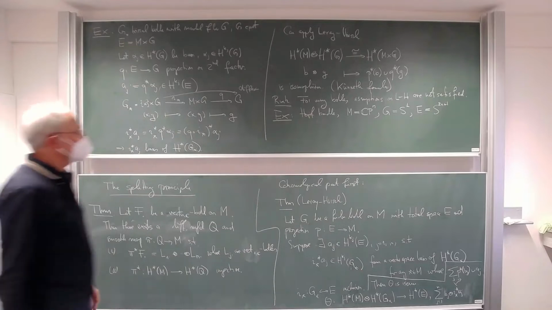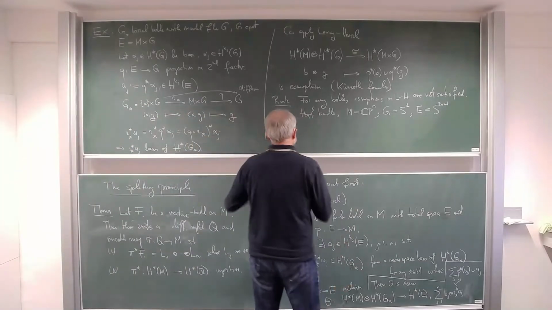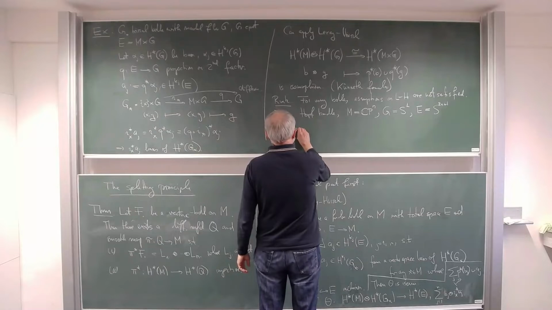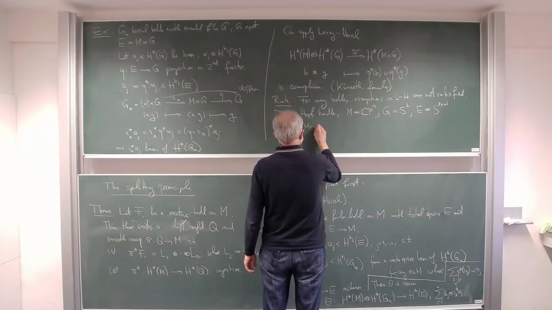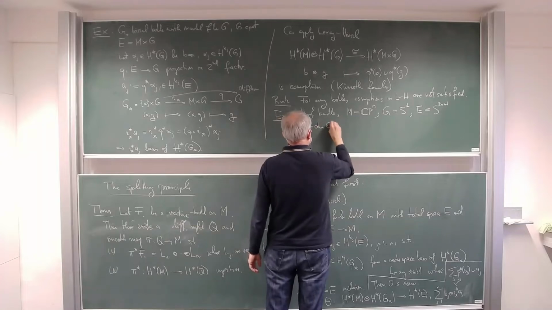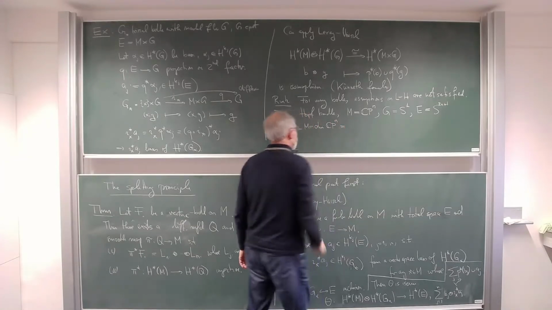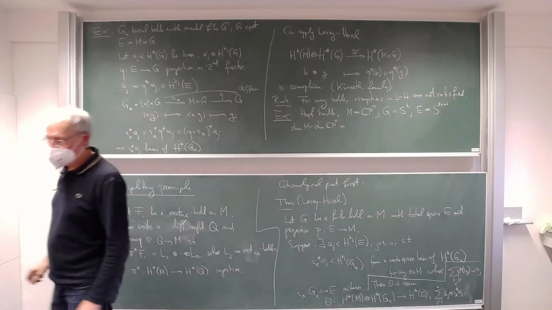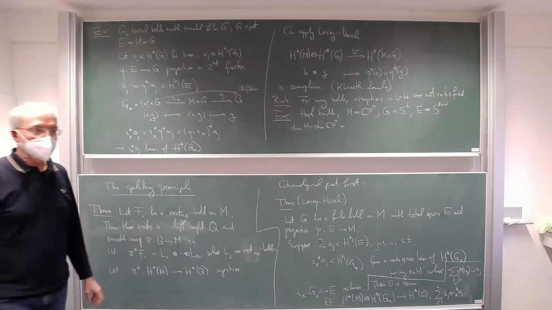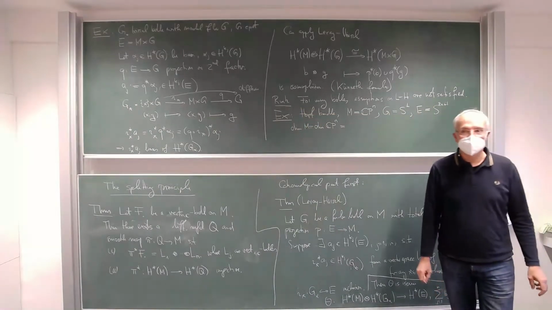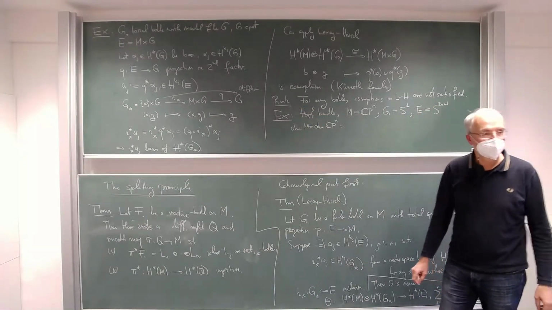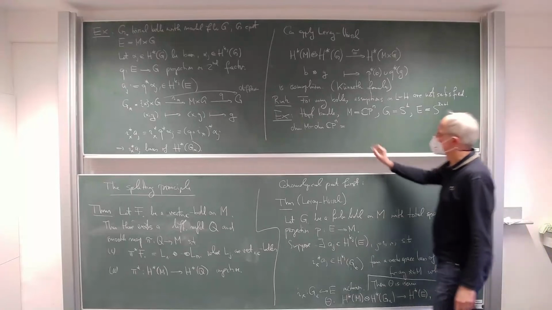And now let's take a look at the homology, in particular at the dimension. So what's the dimension of the homology of CP^n? We have computed the homology of CP^n. n plus 1, yes.